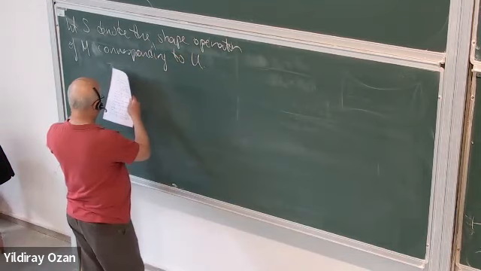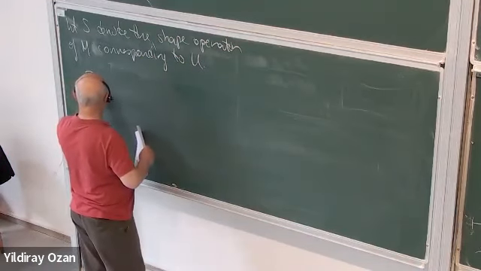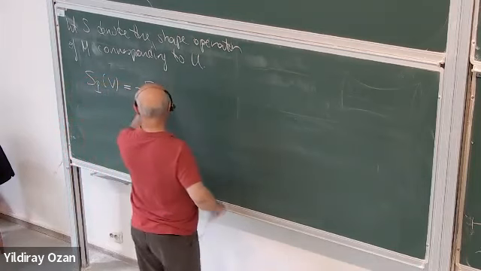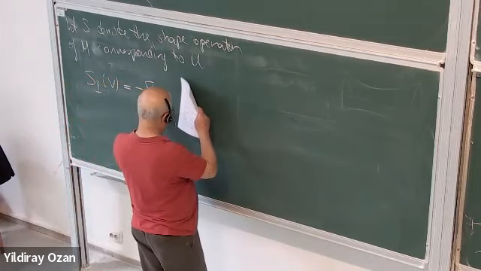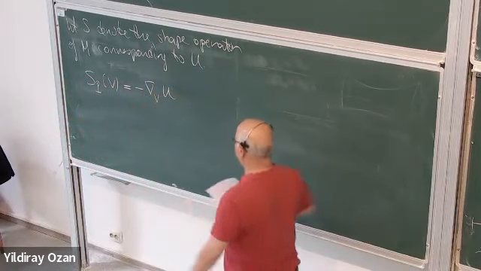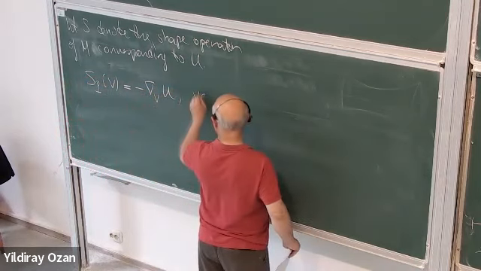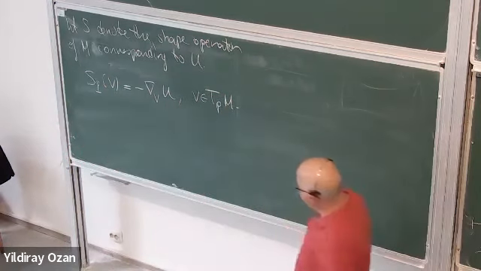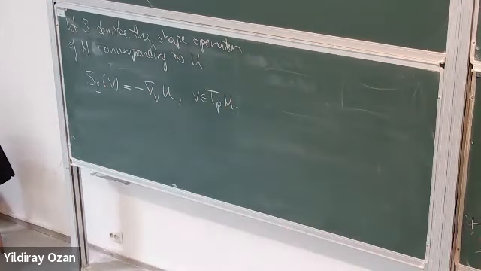So for any tangent vector V at the point P, the shape operator takes the value minus the covariant derivative of U with respect to V, for any vector V in the tangent space to the surface M at the point P.